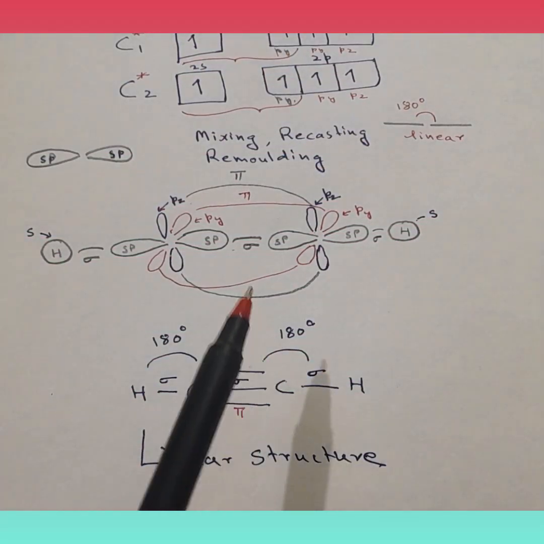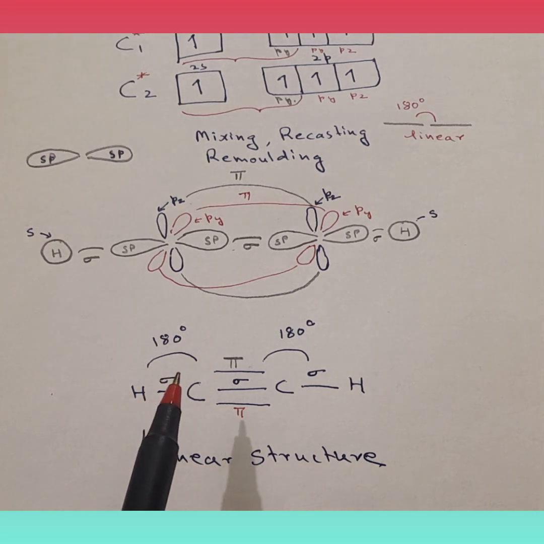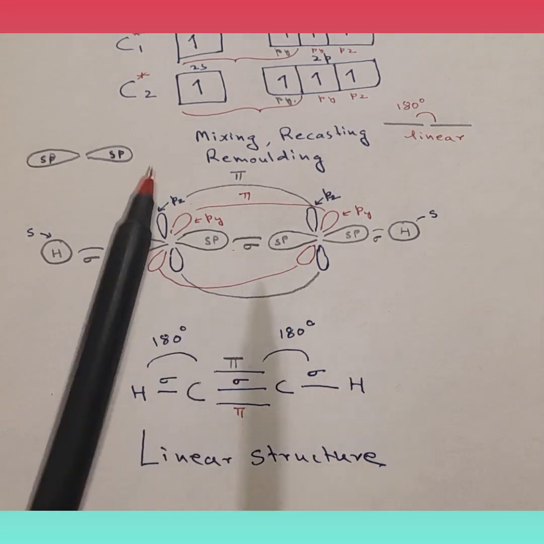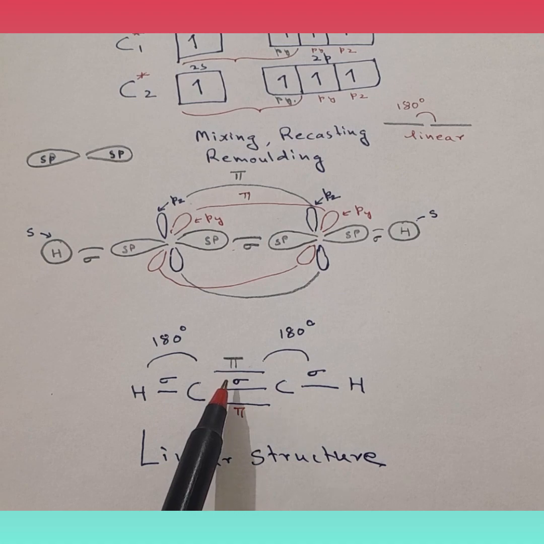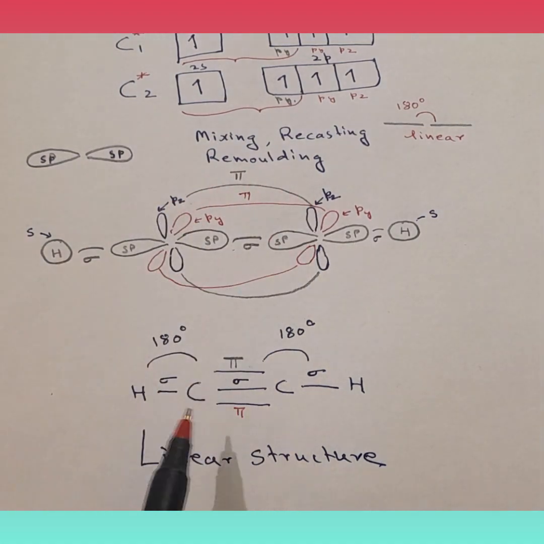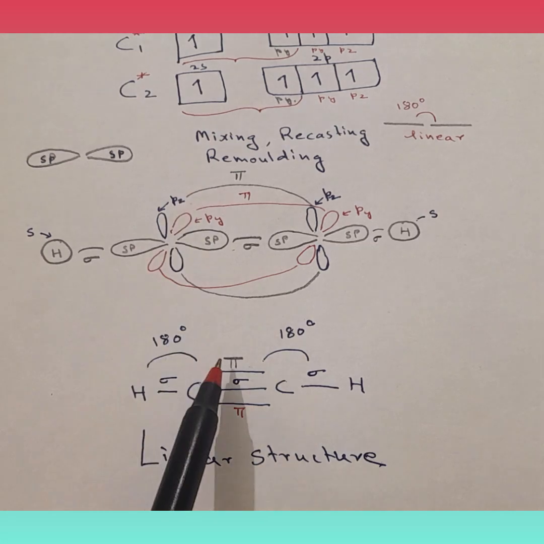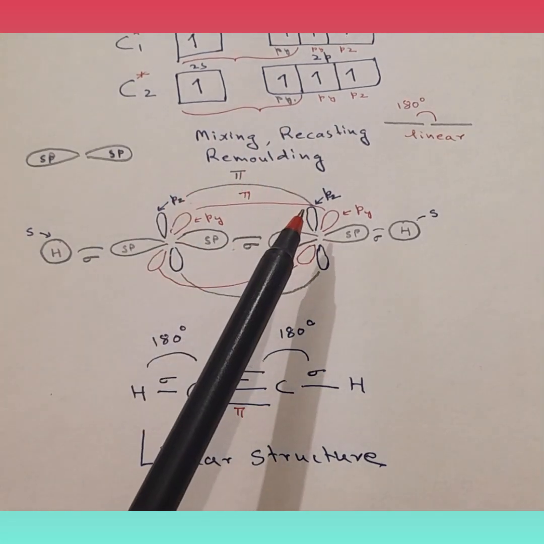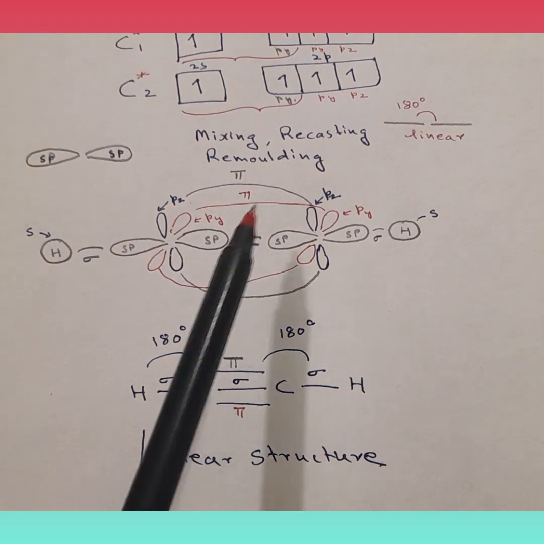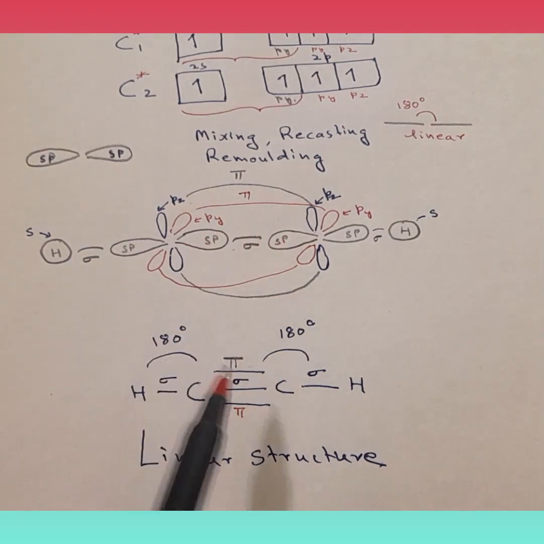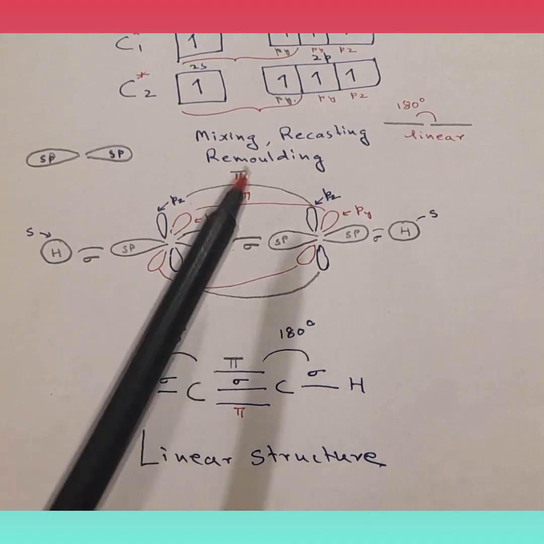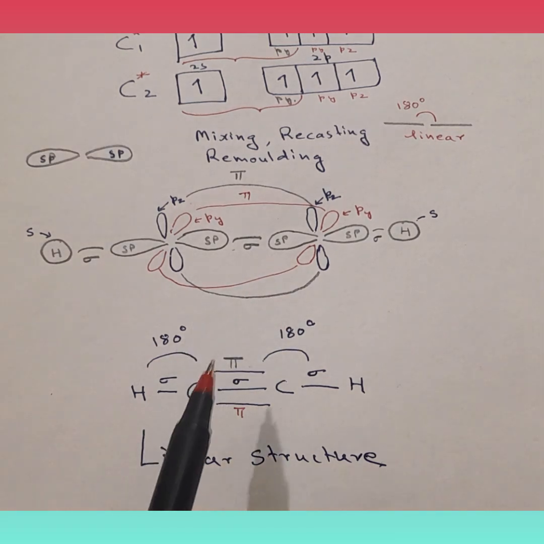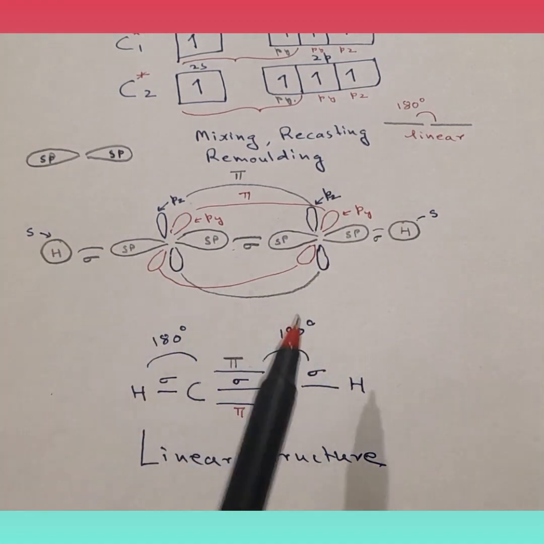Yes guys, check it out now. What we concluded, was it okay? Yes, it was all okay. So you can tally this and pick up: py overlap, lateral, pi; pz overlap, pi; then sp overlap, frontal overlap, sigma; lateral overlap, so pi; frontal overlap, so sigma; frontal overlap, so sigma.